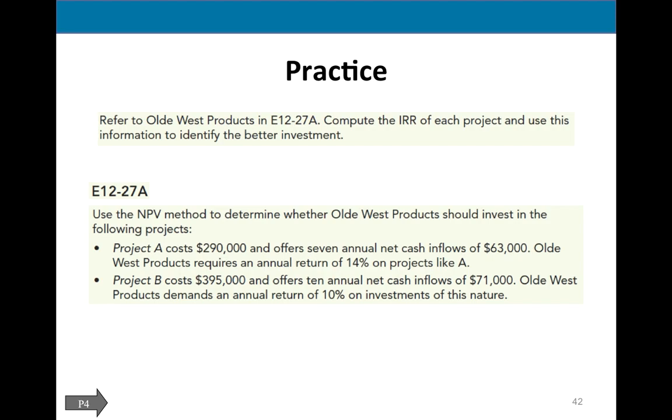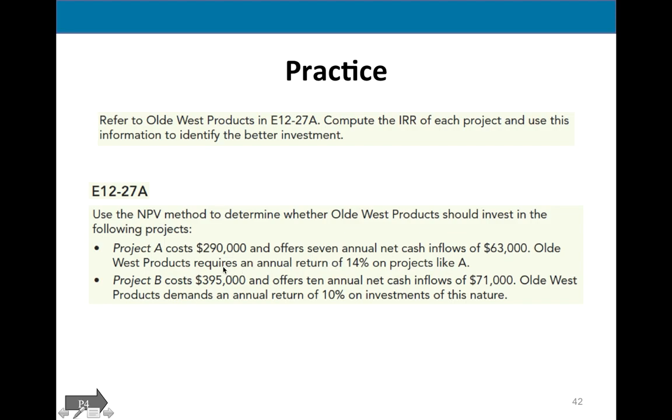Okay, here's an example. Use the NPV method to determine whether Old West Products should invest in the following projects. Project A costs $290,000 with 7 annual net cash inflows of $63,000.